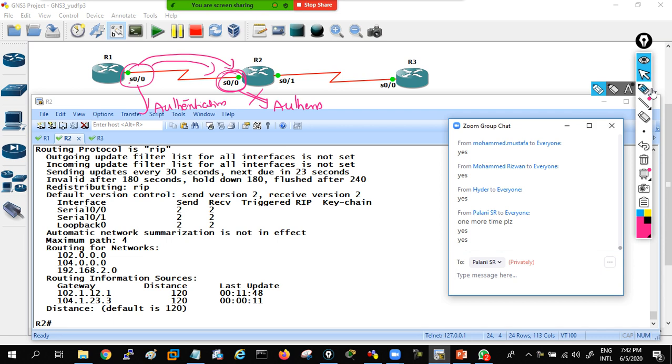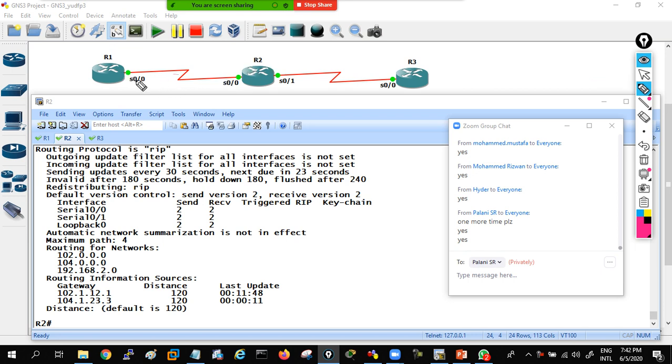You understand that? Because the reason they introduced this authentication concept is in case some unknown people connect directly, try to understand, they connect directly as router 2, and we don't know whether this is a genuine router, right? So they connected here. In case you don't enable authentication, what will happen? Then they also configure RIP, right?